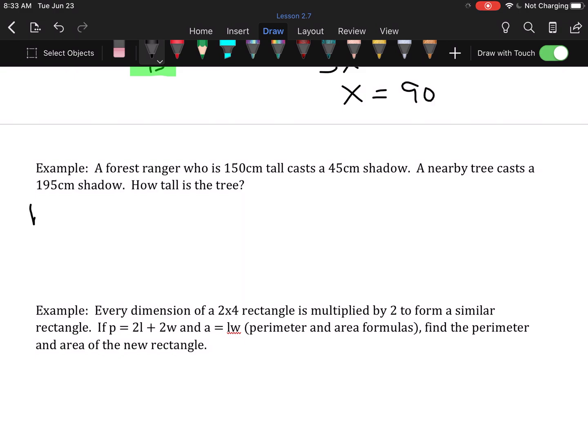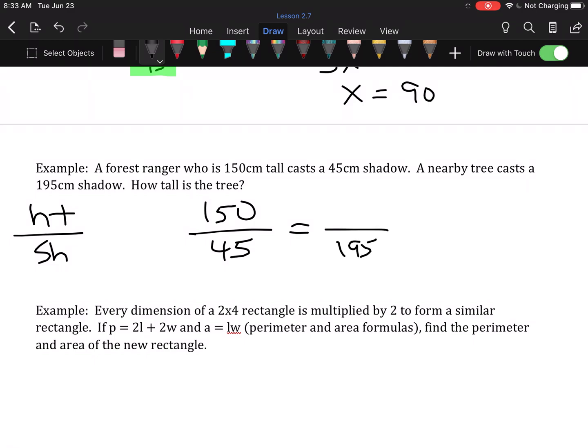You can always set these up as height over shadow. A forest ranger who is 150 centimeters tall casts a 45 centimeter shadow, his height over his shadow, equals a nearby tree that casts a 195 centimeter shadow. We don't know the tree's height. Height over shadow.